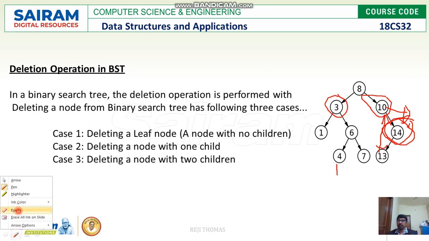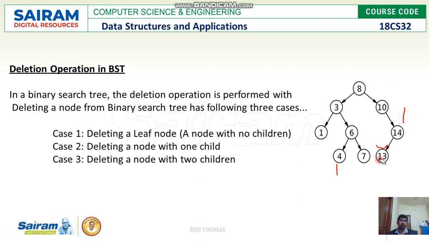Am I clear? Let me make it more clear. So the second case we are talking about, we are going to delete a node. Let us take it as 14, which has got a single child. Now when I delete this 14, what happened to 13? This will get detached. I cannot leave this as it is. So this should be attached to the right place.